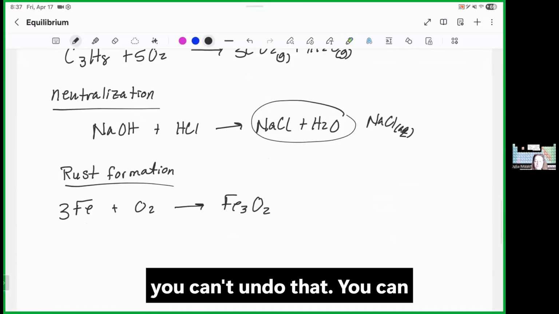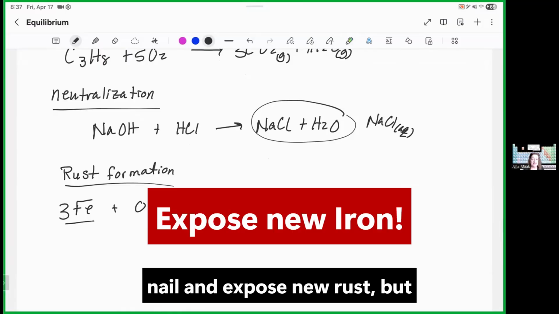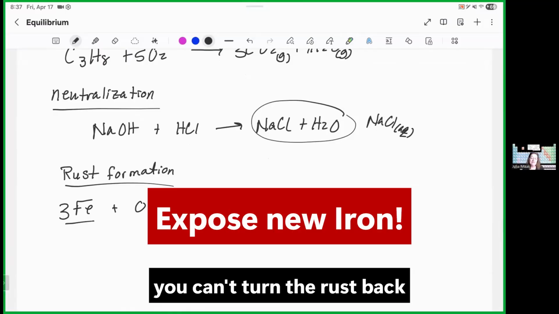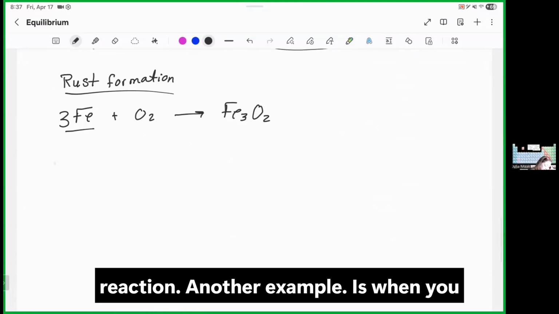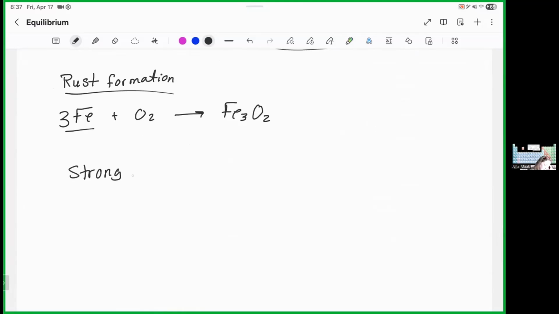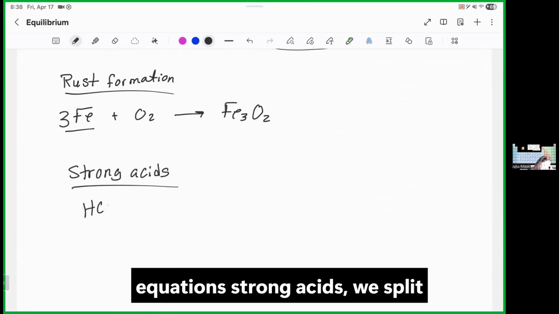Okay, well, you can't undo that. You can scrape the rust off of the nail and expose new rust, but you can't turn the rust back into iron and oxygen gas. Irreversible reaction.